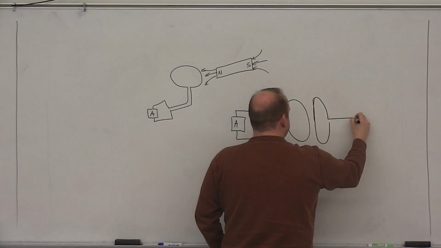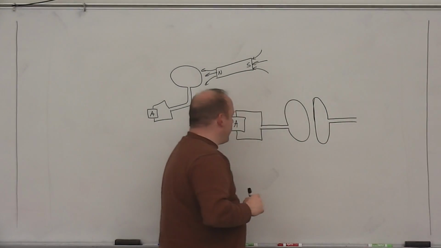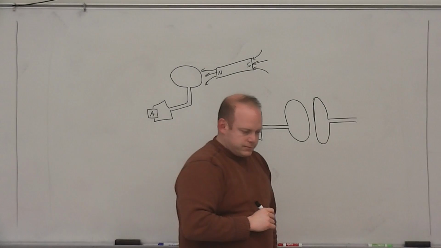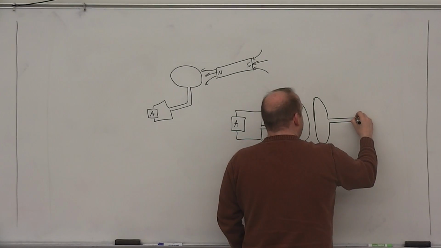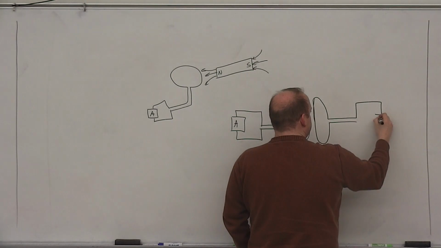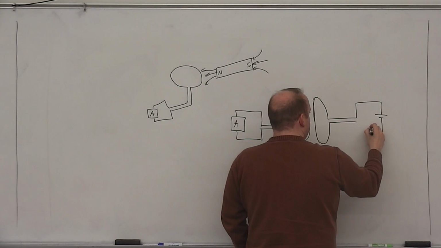I'll just get them very close to each other. And I don't have the equipment to do this right now, so you're just going to have to use your imagination. And now to this, I connect a battery. And let's just say I make a switch here.